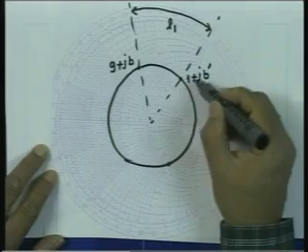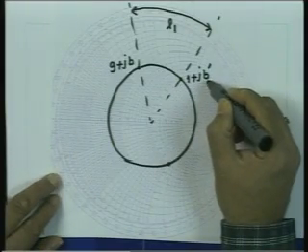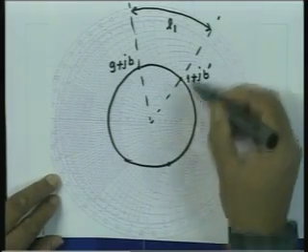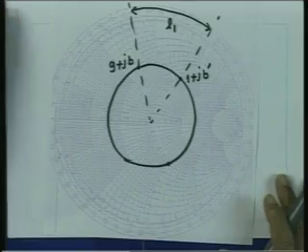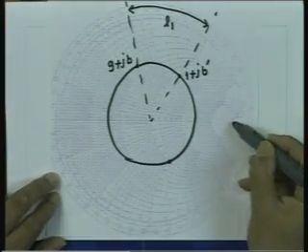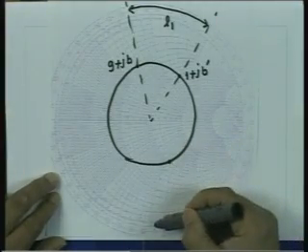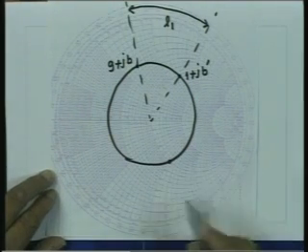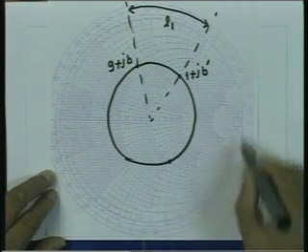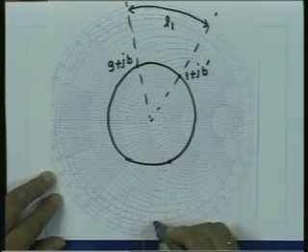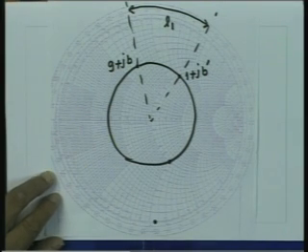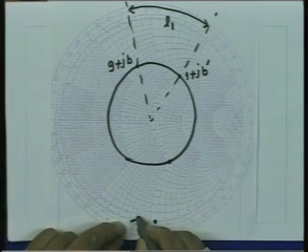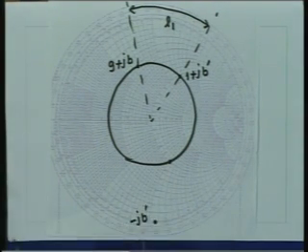Now, corresponding to this JB prime, I want to find the point which is minus JB prime. If I have to realize that reactance using a section of transmission line, that is easy. I take a mirror image of that and pass through the reactance circle which is passing through this point, the outermost point on the Smith chart, which corresponds to minus JB prime.